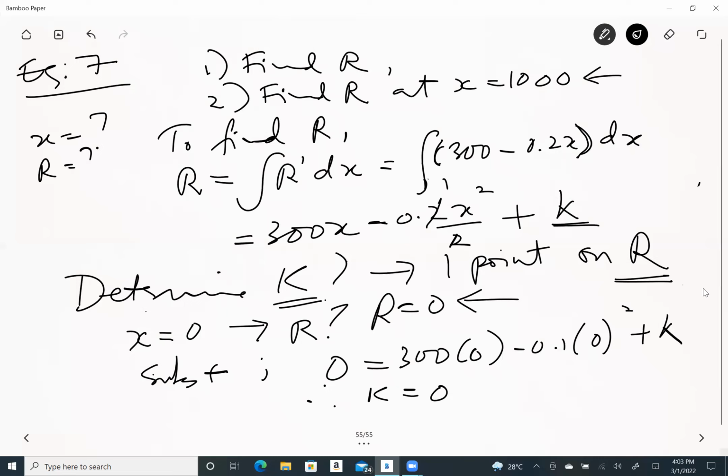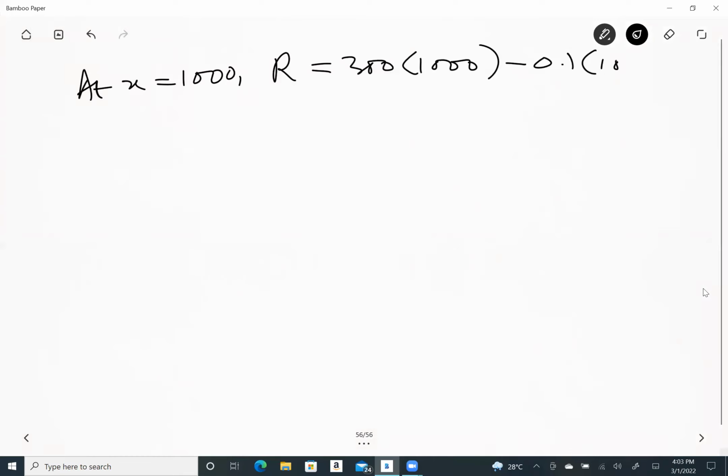Now only we can find revenue at 1,000. So when x is equal to 1,000, we substitute. Revenue is equal to 300 times 1,000 minus 0.1 times 1,000 squared, equal to whatever, by substitution.